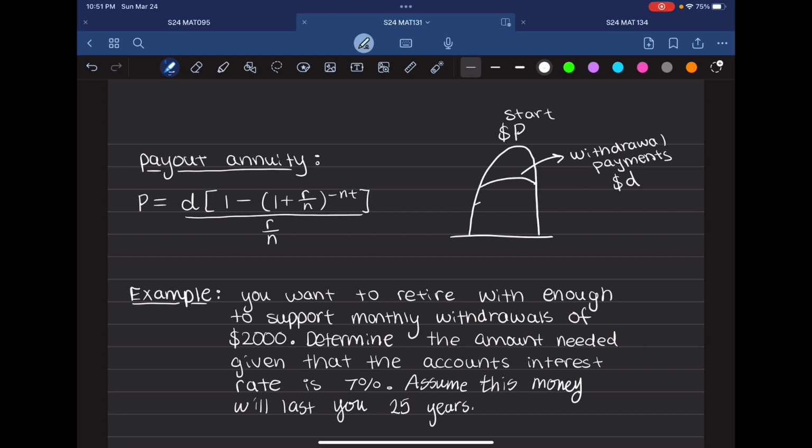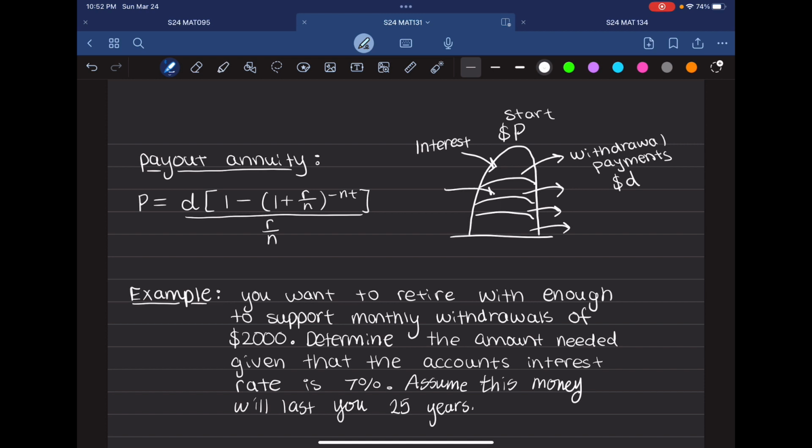So you do that again and again and again each time that we come across another period. And then at the same time, interest is accruing in the account. And this is happening each time. So each period we're withdrawing money or making payments on, for instance, a loan.